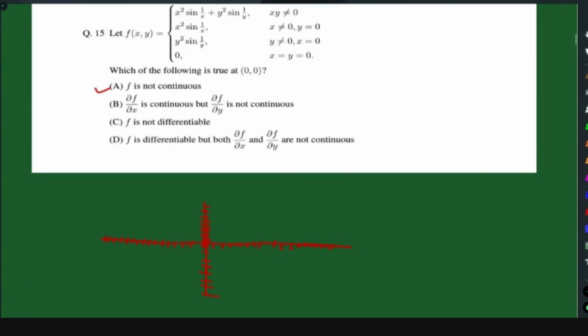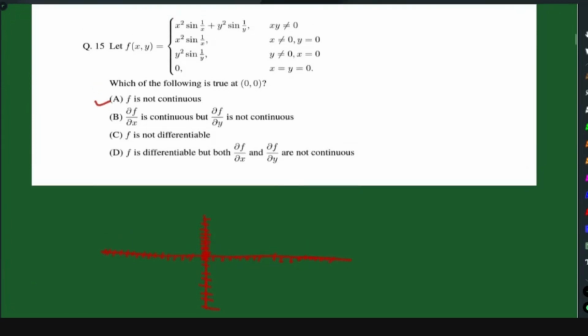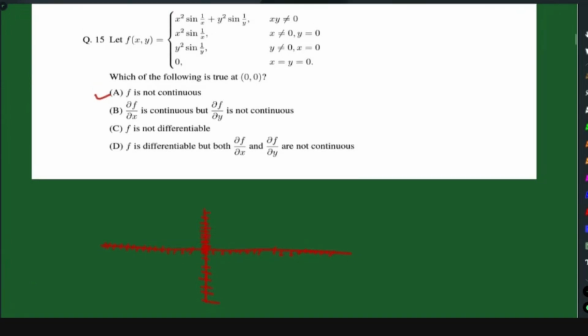Now you see what happened to this function. You look at the function along this x-axis. There your function is x square sine 1 by x. So once (x, y) is going to 0 along the x-axis, what happens?